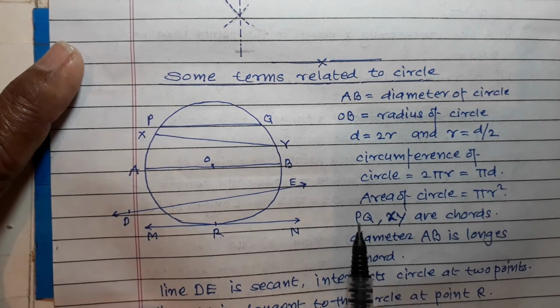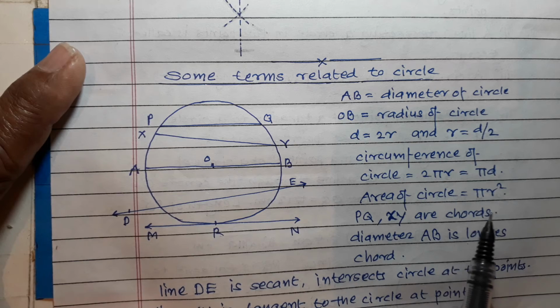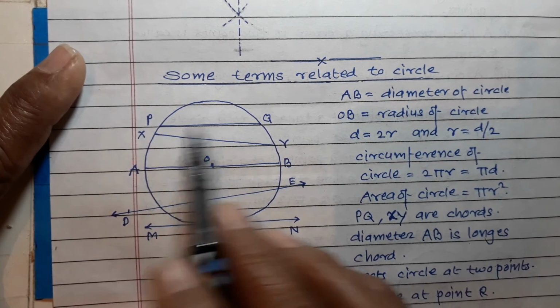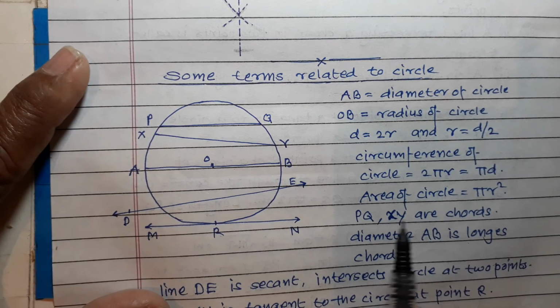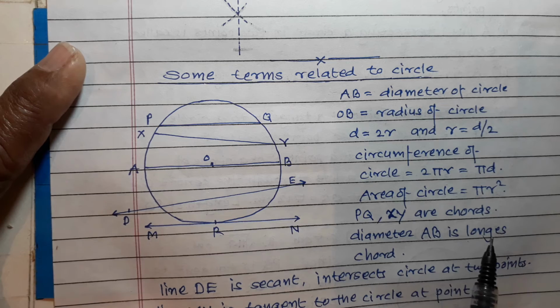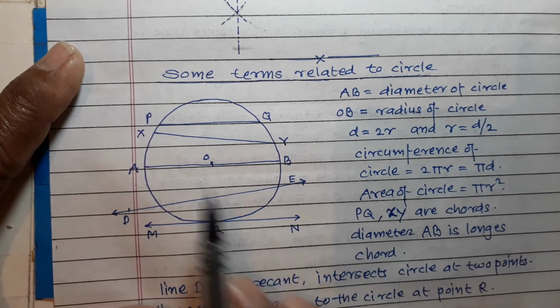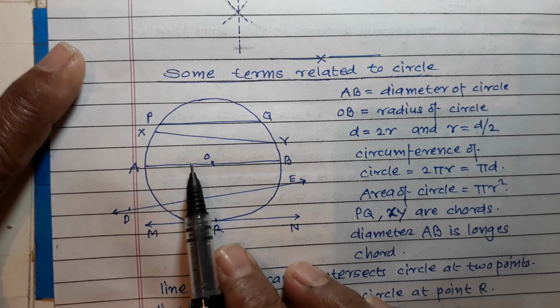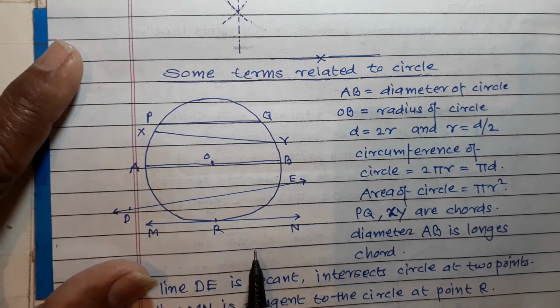In this case, PQ and XY are chords. Diameter AB is the longest chord. So this diameter is also a chord, but the longest chord.